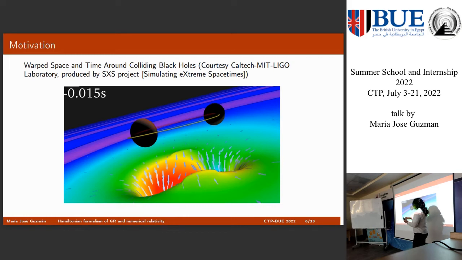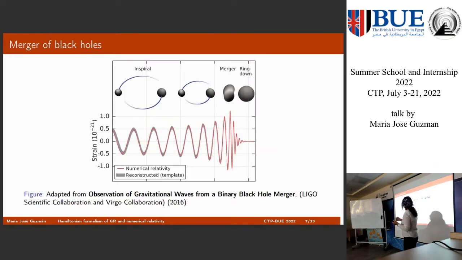Yeah, and after this merger, this final black hole has some vibration, which is called the ringdown, and that's what are called the quasi-normal modes of the black hole, and you can also predict this. Yeah. So here are all the stages of this merger. This is the inspiral that I was telling you about. So due to the emission of gravitational waves, they come closer. Then you have the merger, and in this merger is when we need numerical relativity.